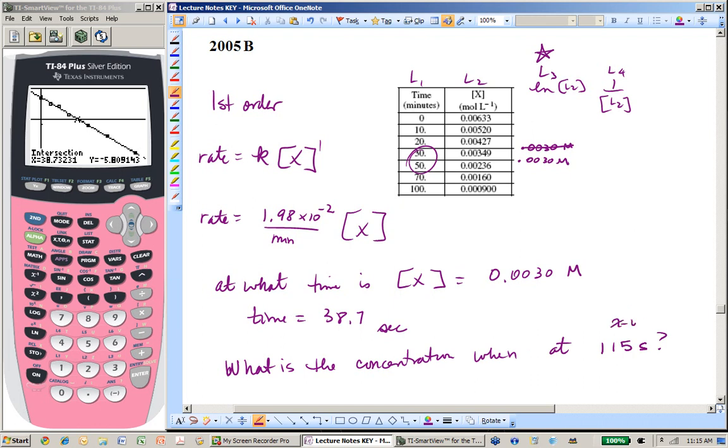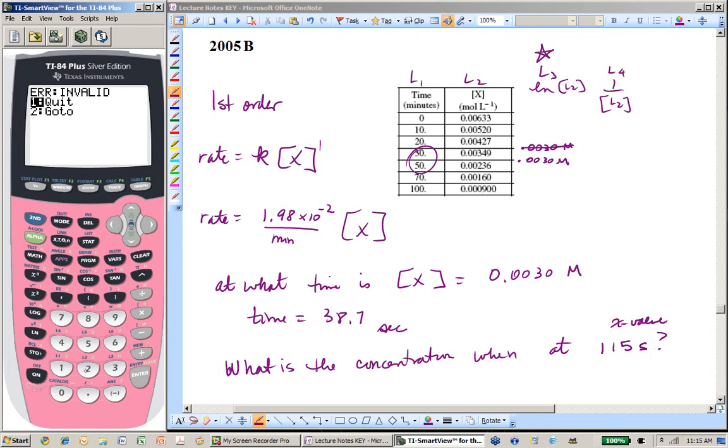That's an X value. So I would go to my graph. I can ignore that line for now and go second trace and tell it 115. If I get an error message, I have to zoom out. So go to zoom out, enter to make it really zoom out. There you go. If your picture doesn't change, you just need to hit enter.